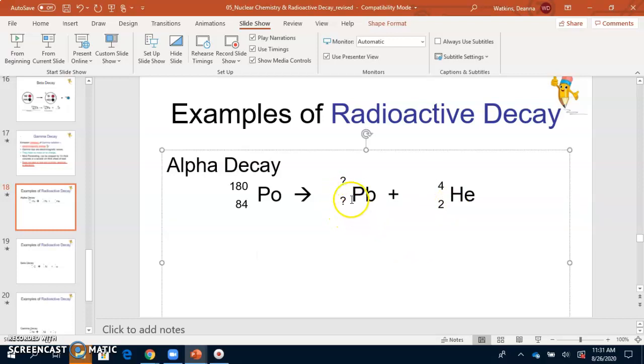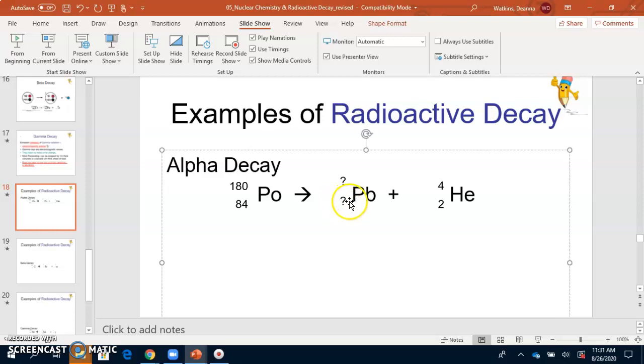Now we need to figure out how many protons and neutrons we are going to have with this lead. There are 2 ways that you can figure this out. One, you can look on the periodic table and determine what the atomic number for lead is, or we can do the calculations. Let's practice with the calculations.